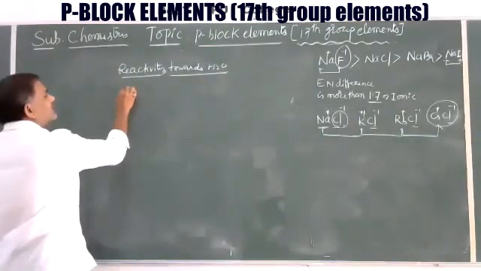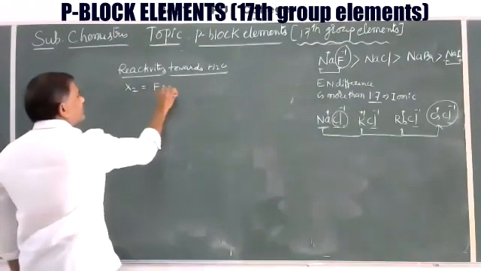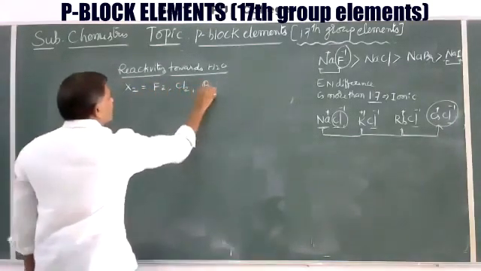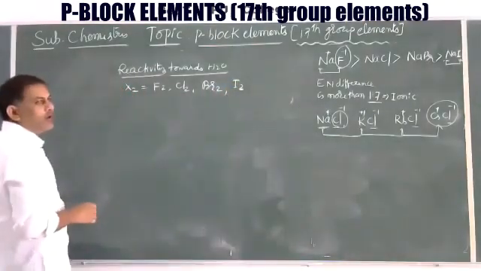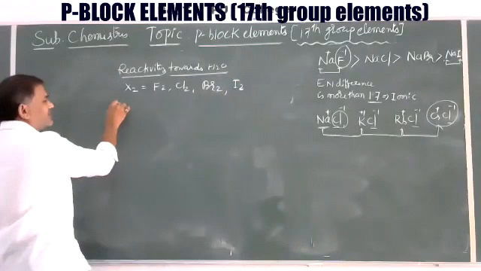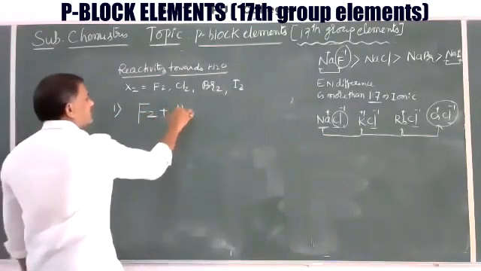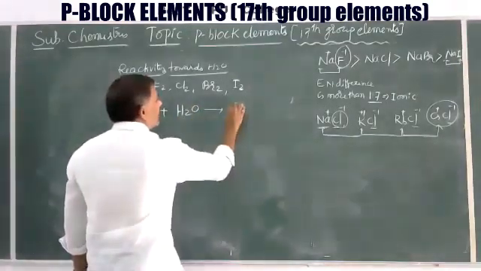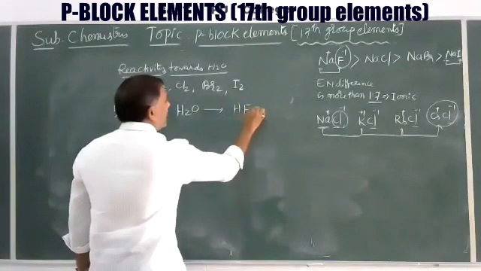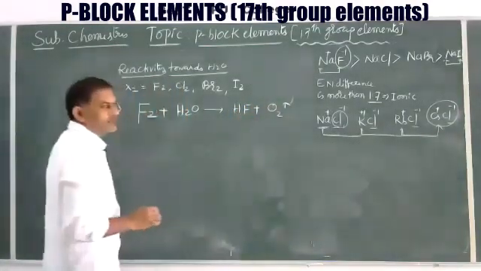Now here halogens, like we know X2 equals F2, Cl2, Br2 and I2: fluorine, chlorine, bromine, iodine. For example, the first one, fluorine, reacts with water. Then it gives hydrogen fluoride, HF, plus oxygen gas is liberated.